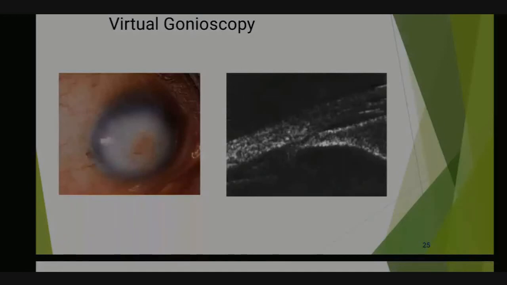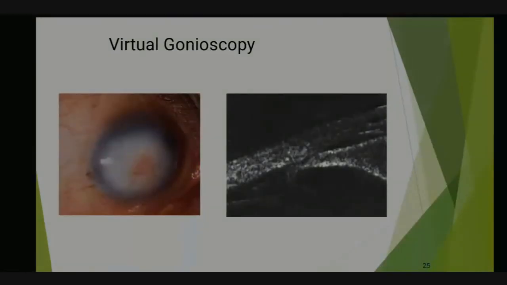So mostly before doing the PK, they will ask for UBM to see how the PC is, so that posterior matter does not come to the anterior and infect the graft. Our consultant asks for UBM mainly to see the anterior chamber integrity, whether the PC structure and lens are good or not.